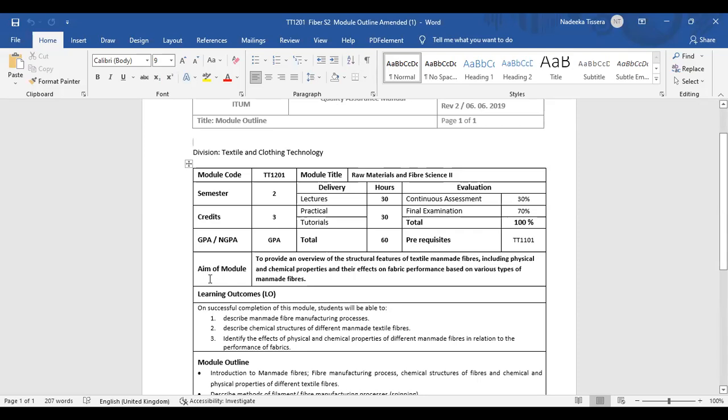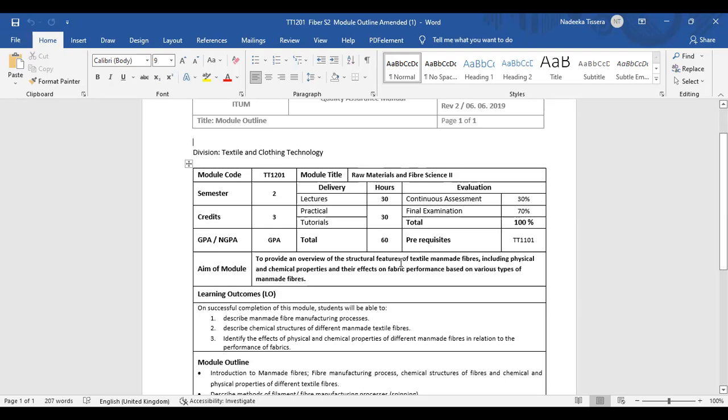And the aim of the module. You need to keep in mind the aim of the module, because through this module we need to give you certain knowledge about the subject. The main aim is to provide an overview of the structural features of textile man-made fibers. So we are going to discuss structural features of almost all the textile man-made fibers.